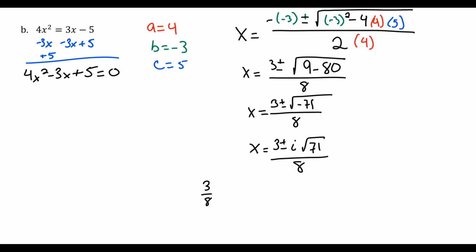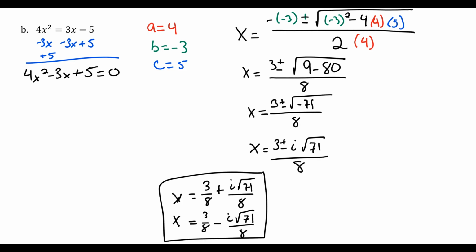I have 3 over 8 plus i square root of 71 over 8. This is one value. My other value is 3/8 minus i square root of 71 over 8. These are my 2 answers for this particular quadratic equation.